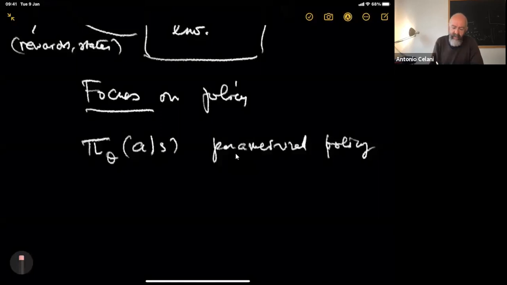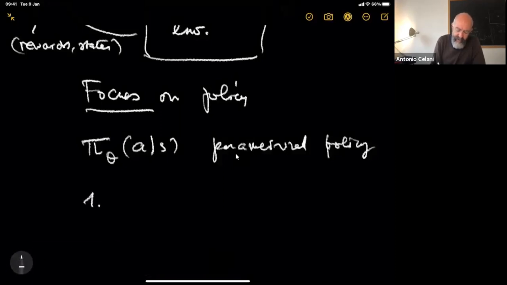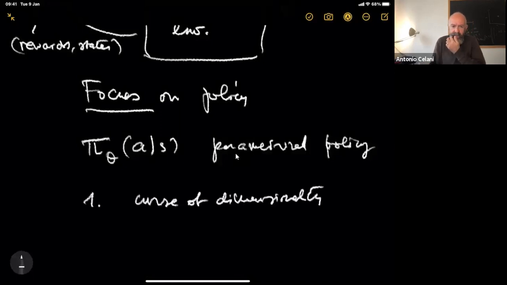One reason to do this, like I just said, is to avoid the curse of dimensionality, which means reducing the dimensions over which you want to perform your optimization. And the second thing is that parameterizing a policy allows for randomized strategies.